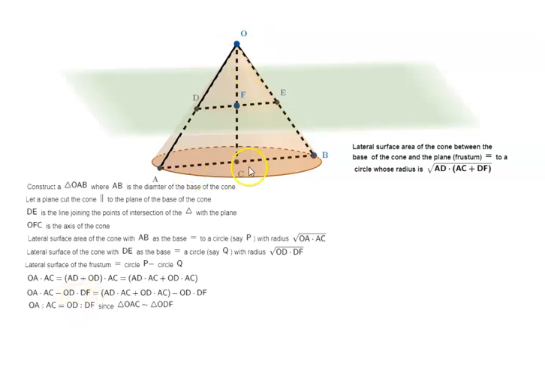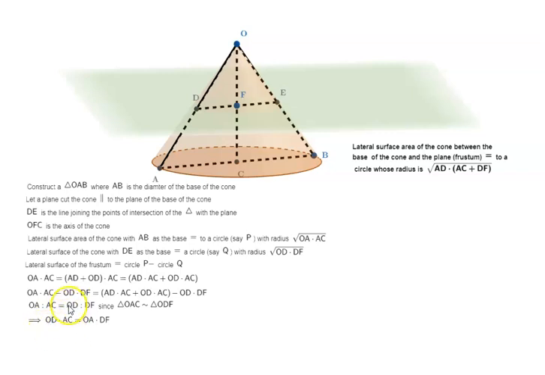Triangle OAC is similar to triangle ODF. Why? Because DF is parallel to AC. So which means OA is to AC is equal to OD is to DF, which implies OD times AC is equal to OA times DF. So here what did we do? We know that when we have a proportion like this, then the product of the extremes is equal to the product of the means.